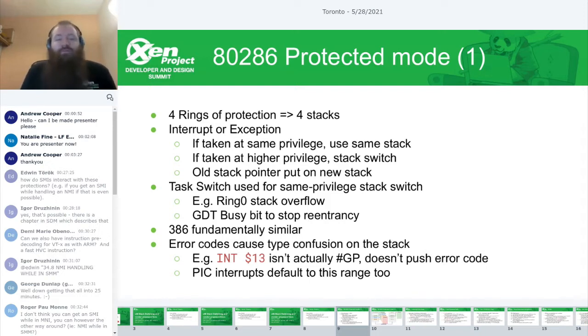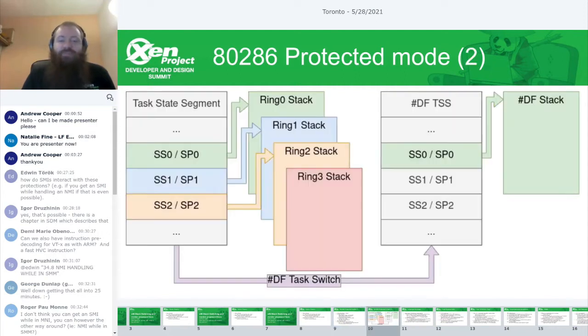Because the IDT is overloaded in terms of how exceptions and interrupts and external interrupts get generated, whether you have an error code or not is complicated, and in particular there are ways to invoke, for example, the logic that should be the general protection fault handler without an error code. Also, the legacy PIC defaults to this range because it dates from a period where exceptions weren't specified this high in the numbering scheme.